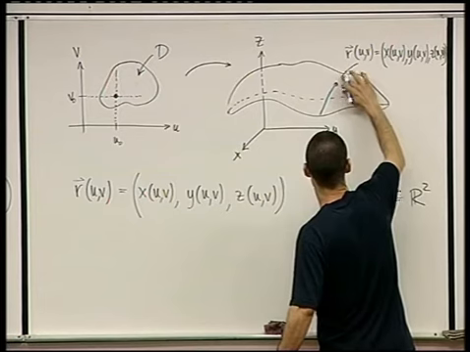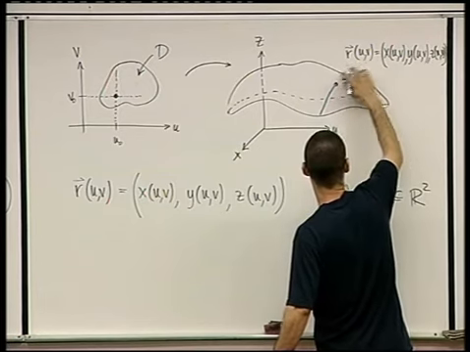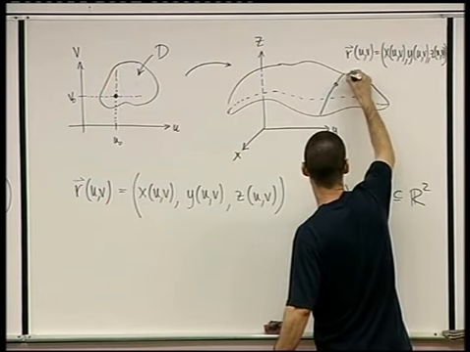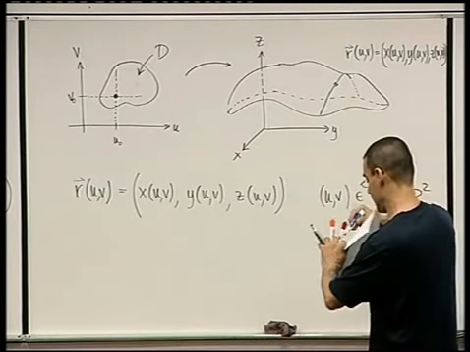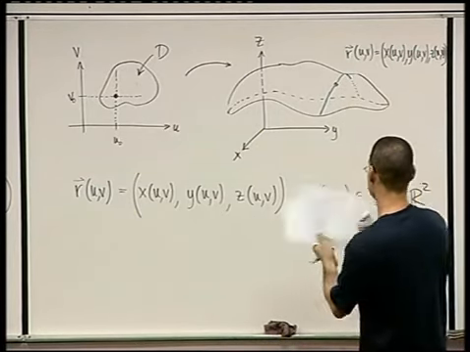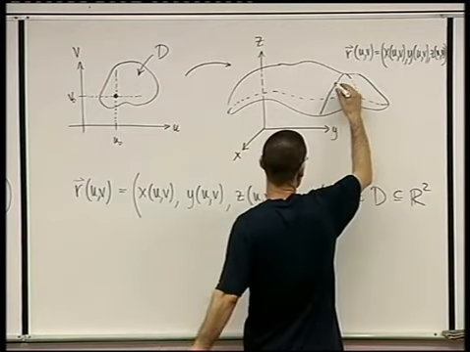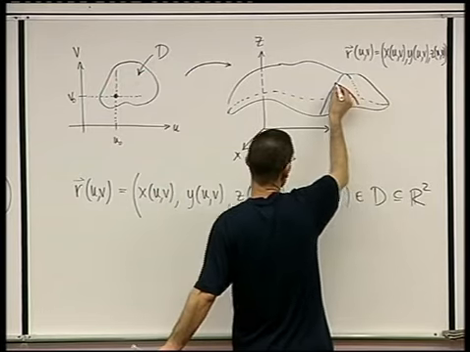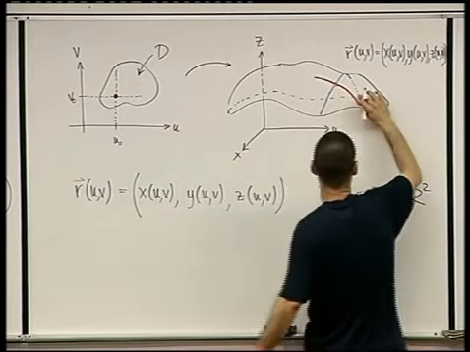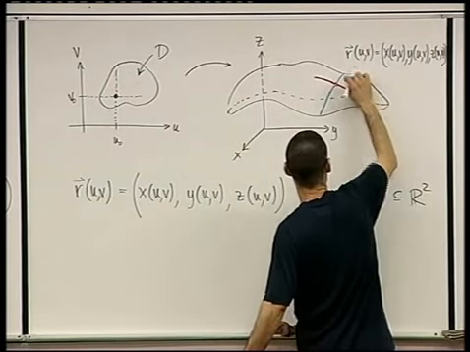Let's remove this, it's in the way. Then there's going to be a line corresponding to V0, which may look something like this. And let's remove this so it doesn't confuse us.